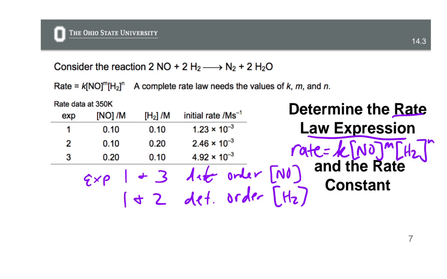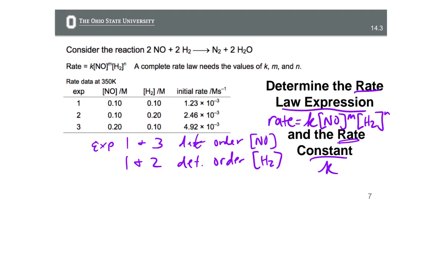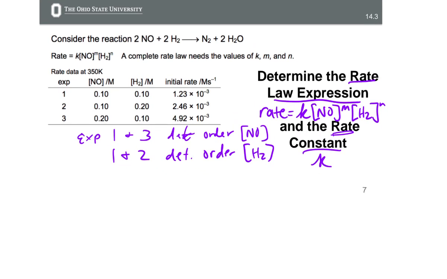So we're going to need to determine m and n to determine the rate law expression. And then we're also going to determine the rate constant, so determine the value of K. So that's another thing you can do with these problems. And we'll talk about what K means shortly. But let's do the math and figure this out.